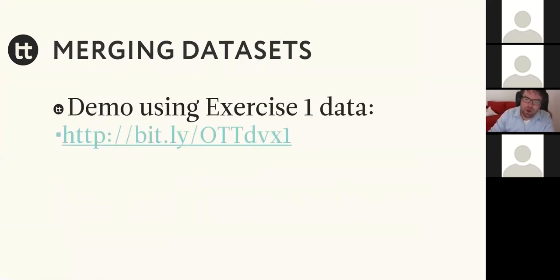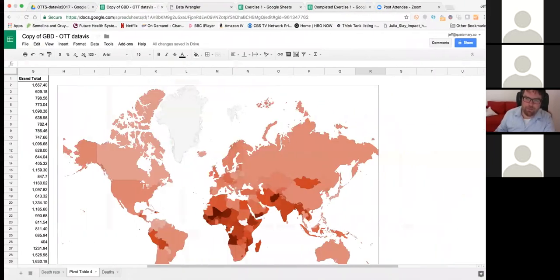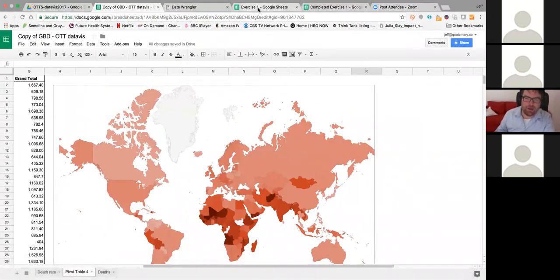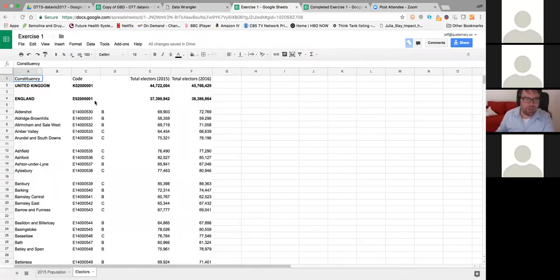One of the homeworks was to merge two data sets, and there was already some discussion online about this exercise using the VLOOKUP, because you'll notice that I was a bit mean to you, and here we have the names of the different constituencies. This is the population data, and then this is just the raw sheet that I got from the ONS website.